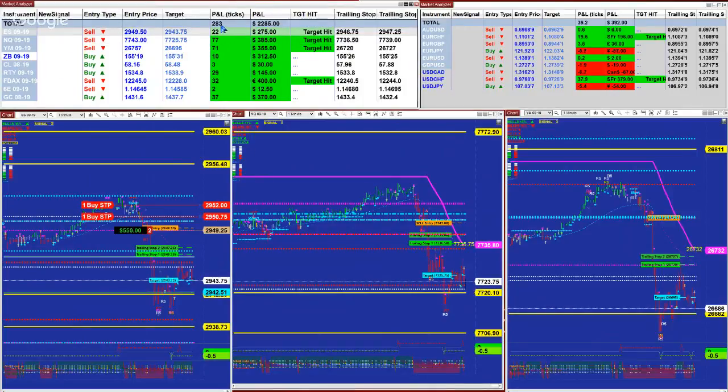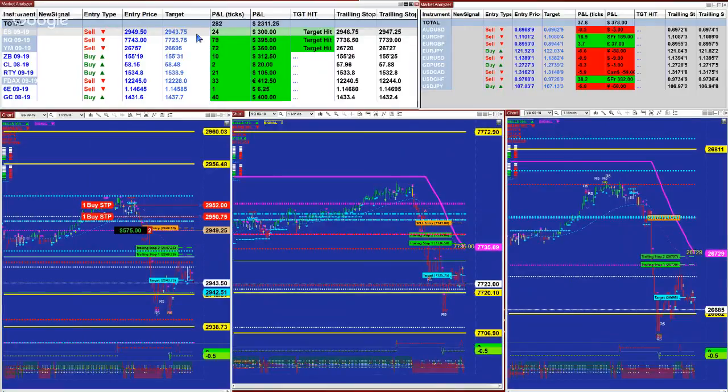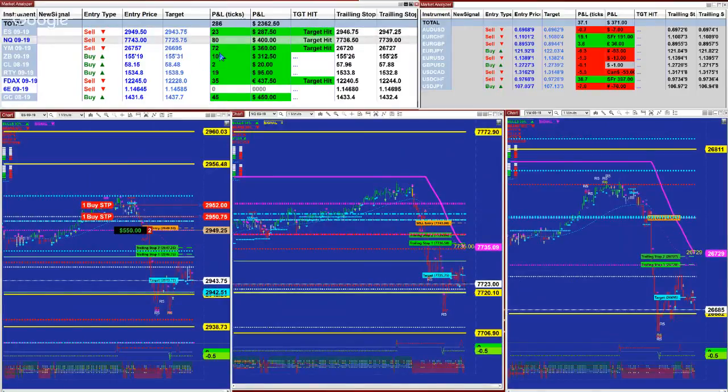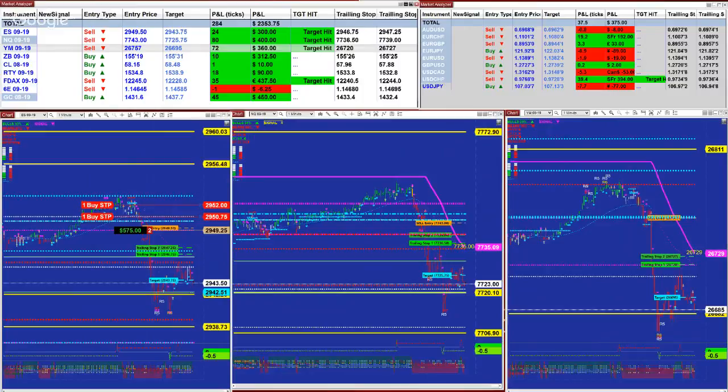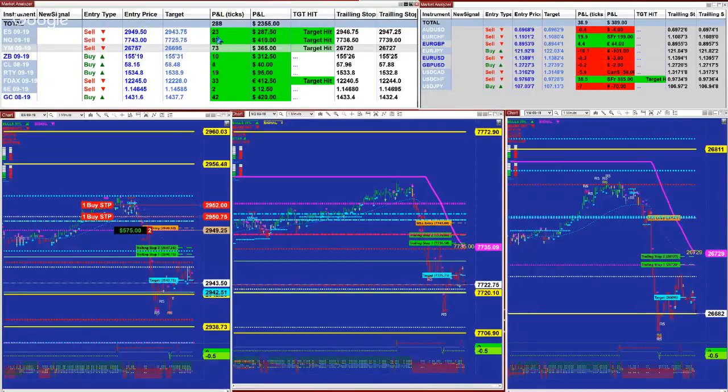From 9:30, when all the signals changed, we nailed 279 ticks based on one contract: ES 24 ticks, NASDAQ 80 ticks, YM 72 ticks. Forget the rest. Just ES, NASDAQ, and YM, 74, 80 ticks, and 23 ticks based on one contract.